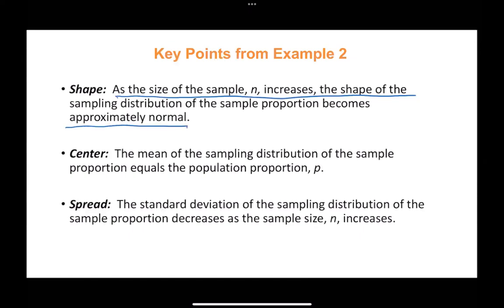As the sample size gets larger, the sample proportion is going to equal the population proportion or get really close to it. Also, as our sample size increases, our standard deviation is going to decrease. All things that you expect to happen. So as sample size gets big, we get approximately normal, our mean gets close to the population, and our standard deviation gets really small. I'll give you a minute to write all this down.